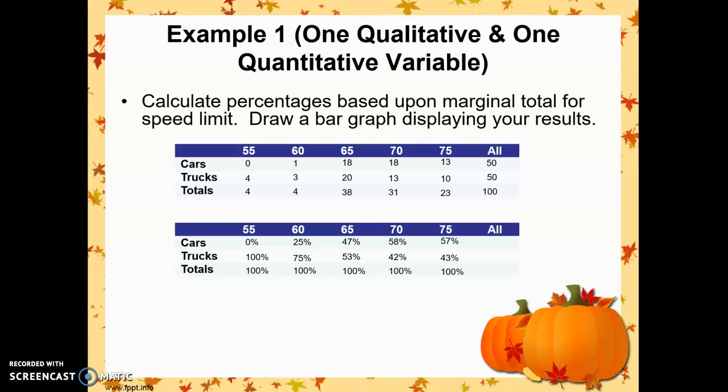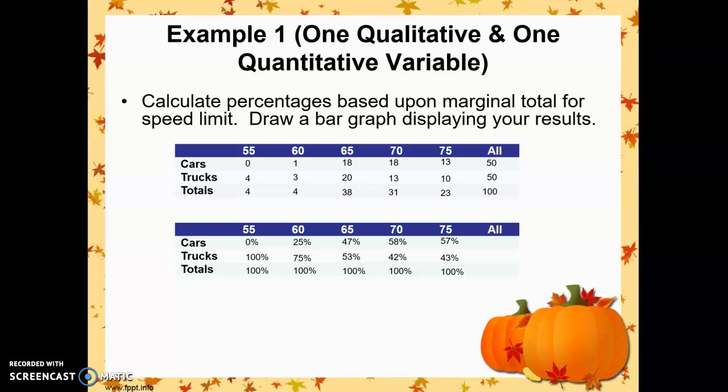So what we can do is draw a bar graph where we have the bars side by side. So we could have a car bar and a truck bar for 55 miles an hour, a car bar and a truck bar for 60 miles an hour, and so on. But a more commonly used bar graph for data displays like this is one that's called a segmented bar graph. That's where the bars for 55 mile an hour maximum speed limit build on top of one another, and they build on top of one another for 60, for 65, 70, and 75.